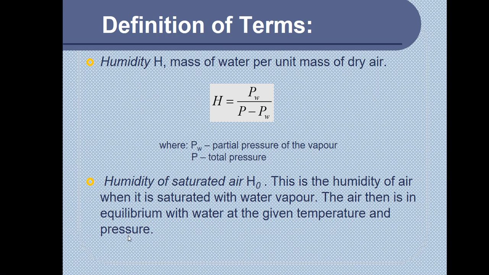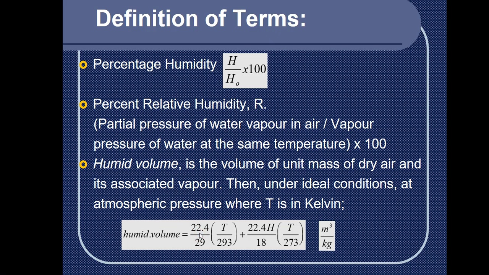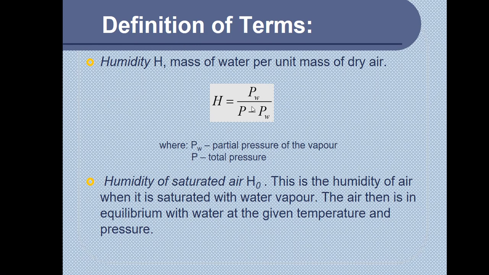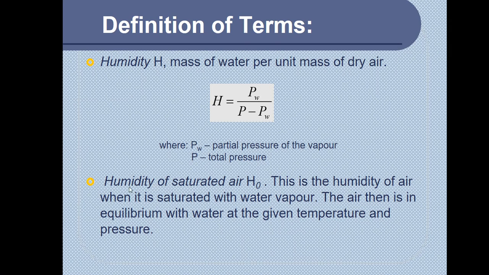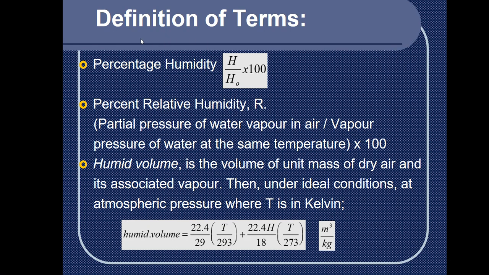So the measure of the water that air contains at this particular condition of saturation is what we call the humidity of saturated air. As to percentage humidity, we get the actual humidity that we have defined in terms of its saturation value. So percentage humidity is H over H sub O times 100. Again, this is humidity of saturated air, this is humidity of air, and this is percentage humidity.